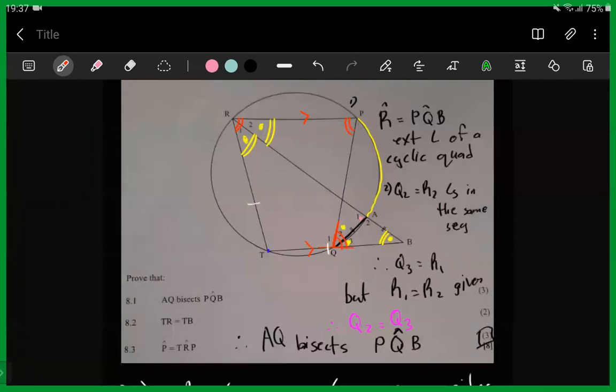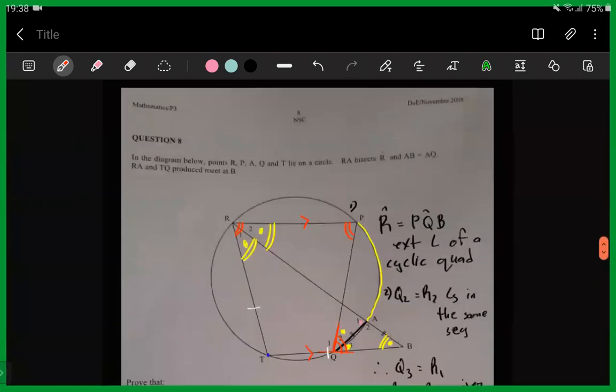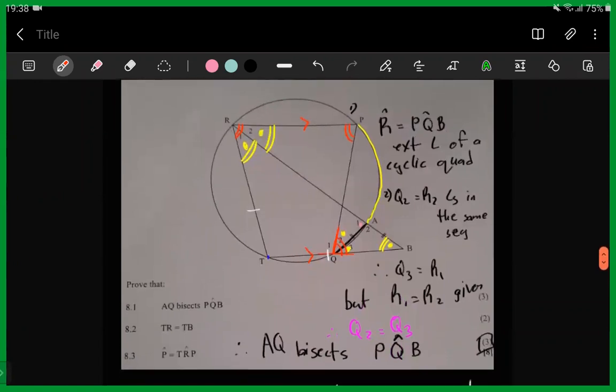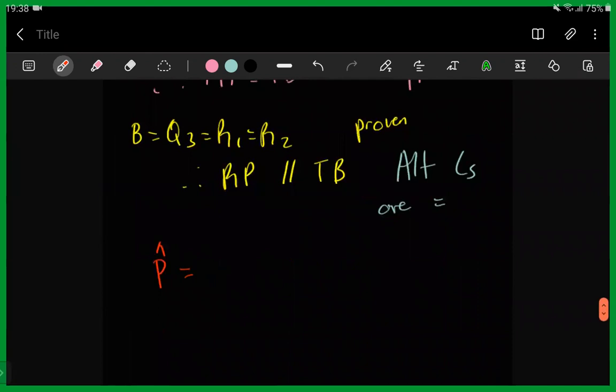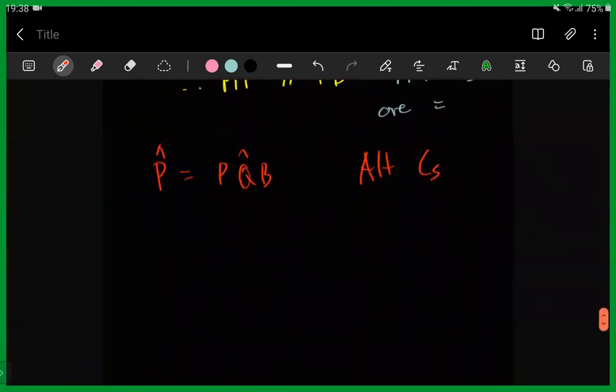So here, let's say P is equal to angle PQB. The reason is alternating angles. And then you're going to say R is equal to the same PQB, because exterior angle of a triangle.